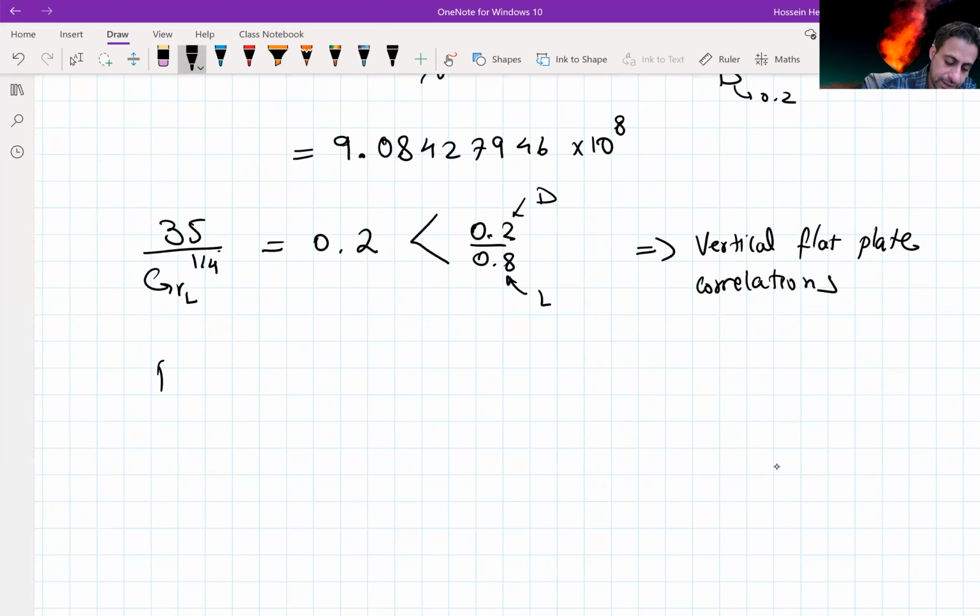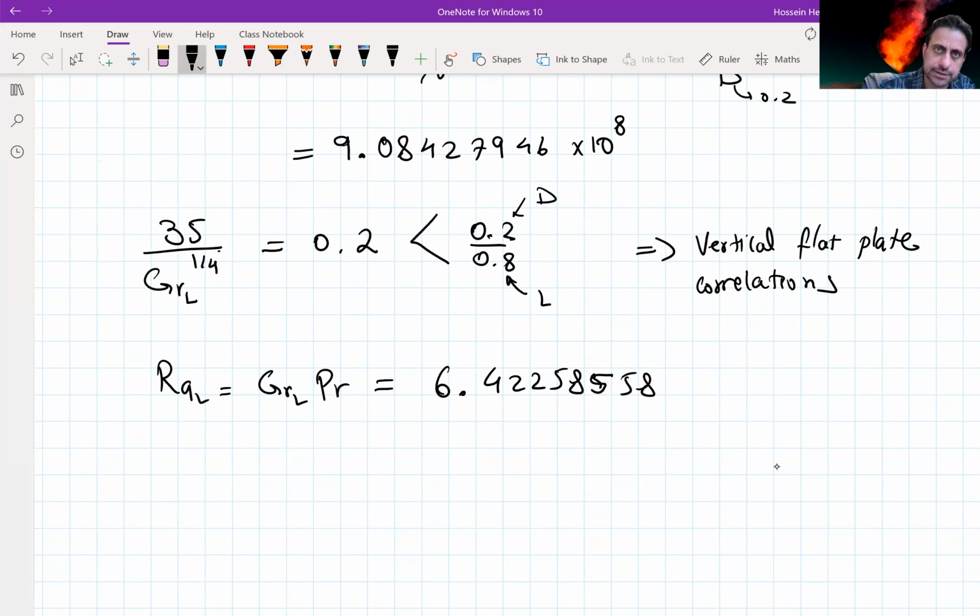Then I need the Rayleigh number, which is Grashof number times Prandtl, and it's going to be 6.42258558 times 10 to the power of 8, which is less than 10 to the power 9, slightly less than that.